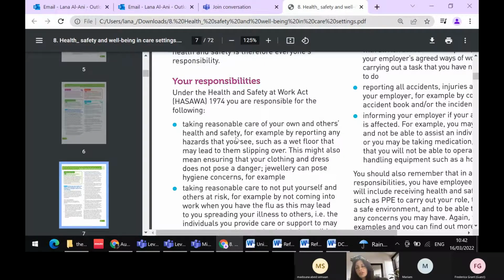I need to take care of it and wipe the spillages, and also ensure that my clothing and dress do not have any dangerous things. Like I don't wear jewelry because it might hurt people, or it's not hygienic because germs can live underneath it.